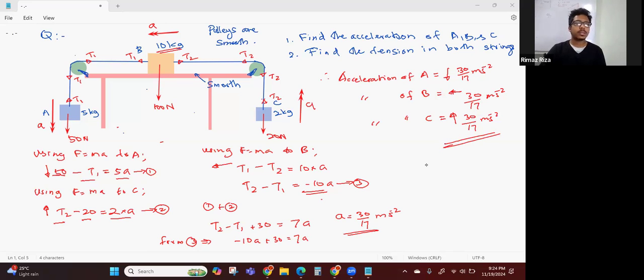I did this question just to revise what we discussed last week. You can substitute the value of a in equation 1 to find the value of T1, and in equation 2 to find the value of T2.